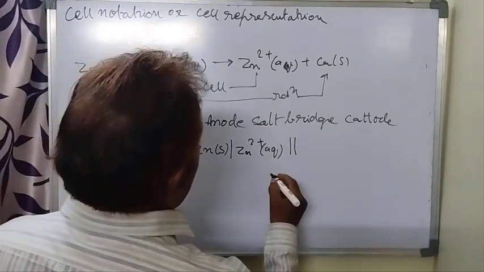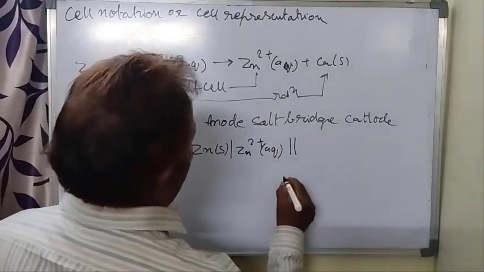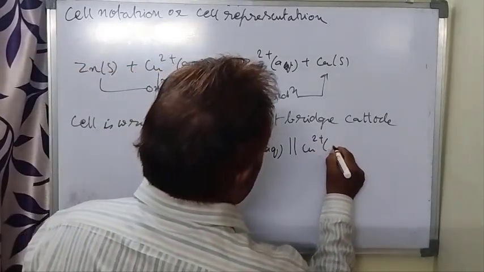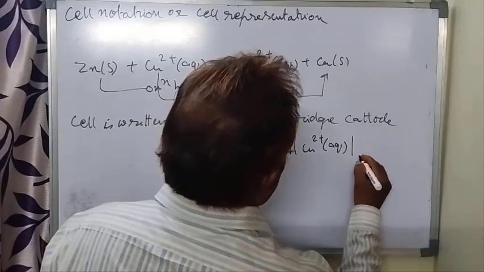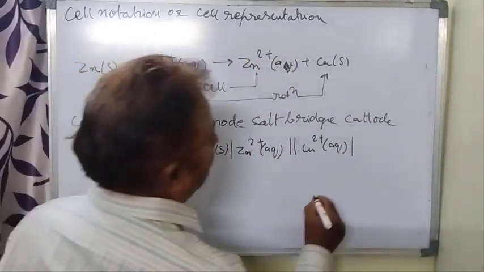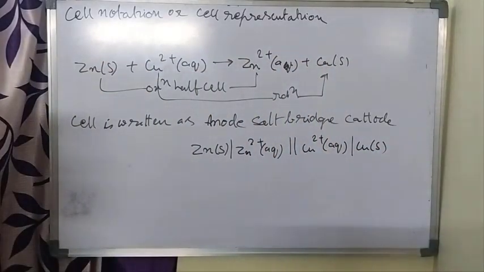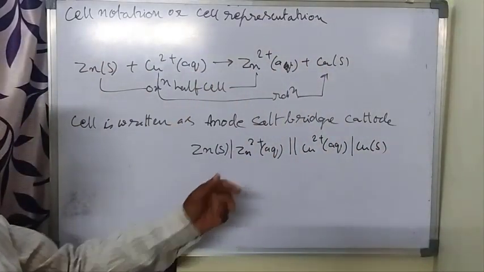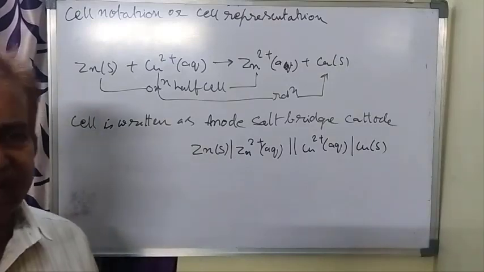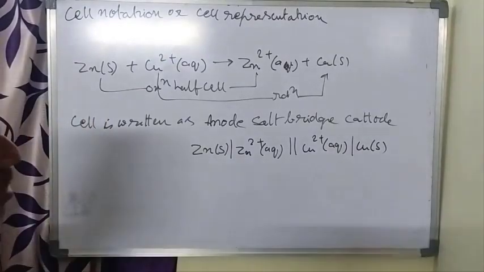So this is the anode. Now what is the cathode? Cathode is Cu2+ aqueous, single vertical line, Cu. As concentrations are not given, we wrote only solid or aqueous. If concentrations are given, in place of aqueous we have to keep those concentrations. So this is the cell notation, cell representation.